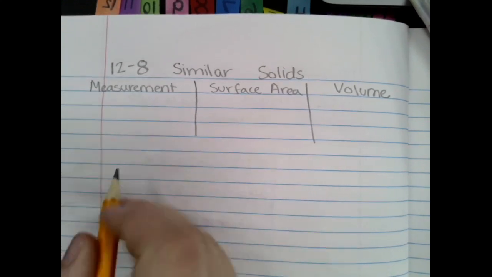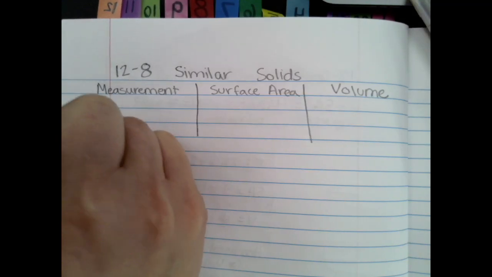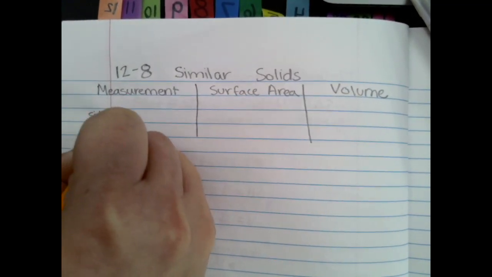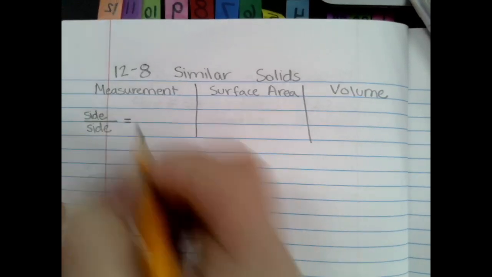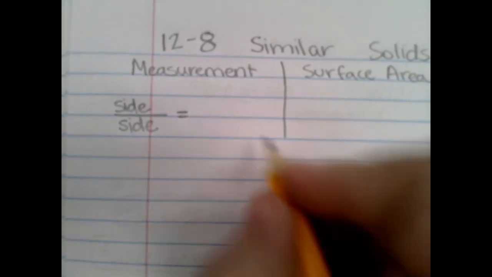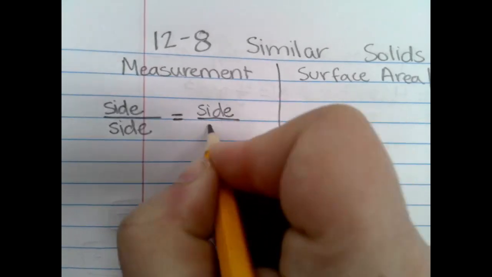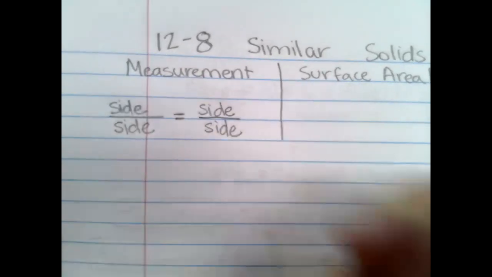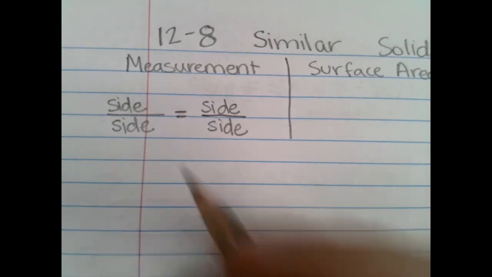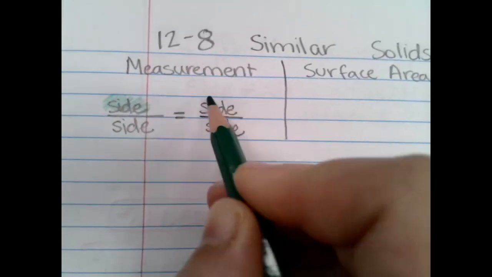So when we talk about measurement, we can just compare one side to the other side, and we just say it equals another side compared to the other side. Alright, the sides in the numerators, the top parts, are going to come from the same shape.